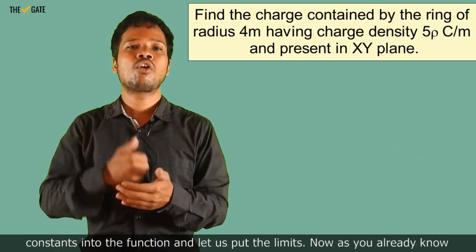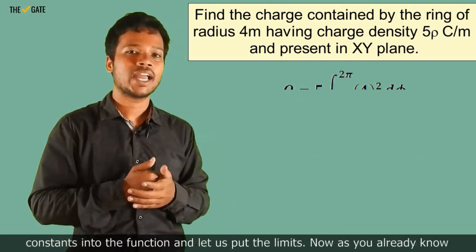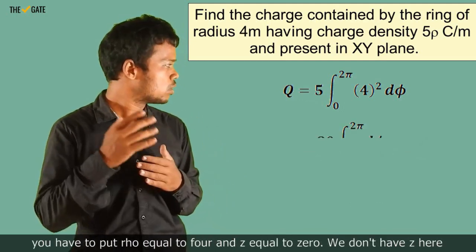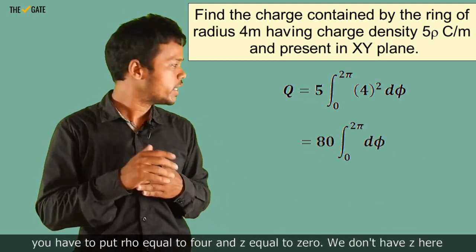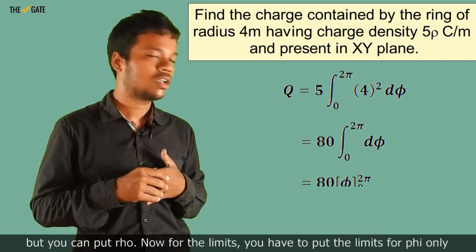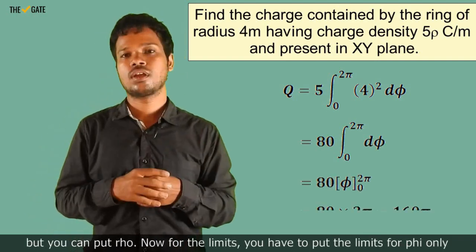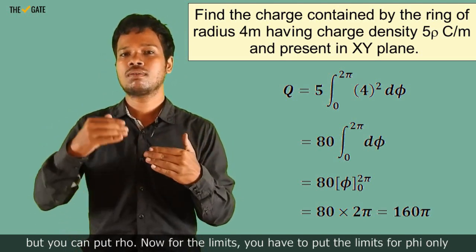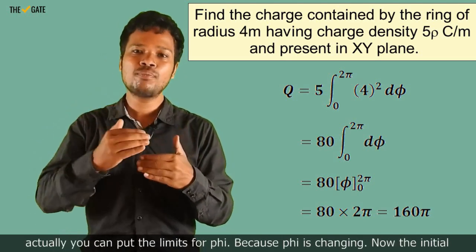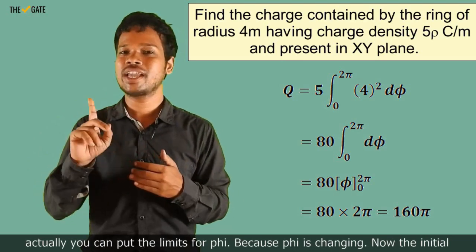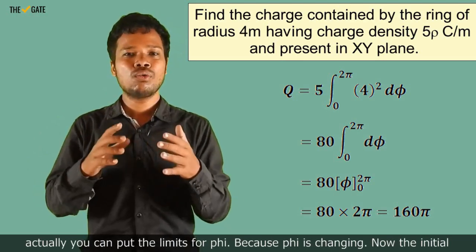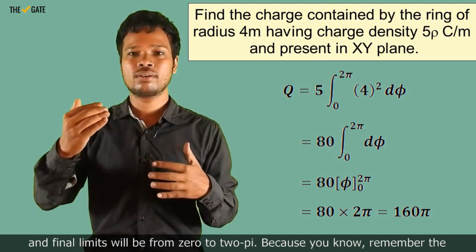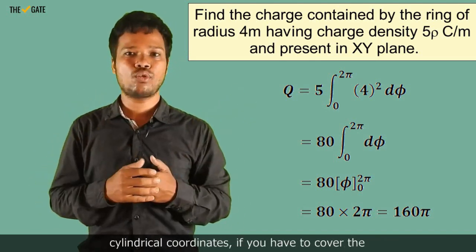Now let us put the constants into the function and let us put the limits. As you already know, you have to put rho equal to 4 and z equal to 0. We don't have z here, but you can put rho. Now for the limits, you have to put the limits for phi only, because phi is changing. The initial and final limits will be from 0 to 2 pi, because remember the cylindrical coordinates.